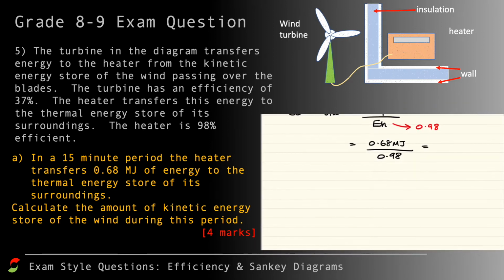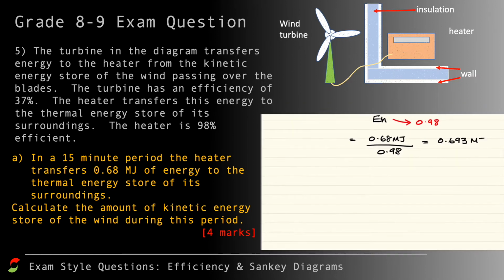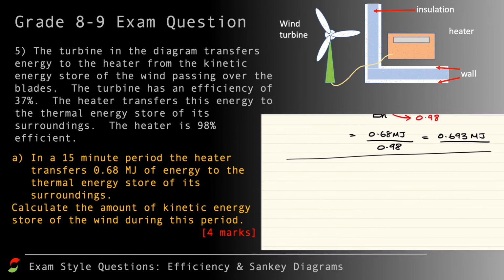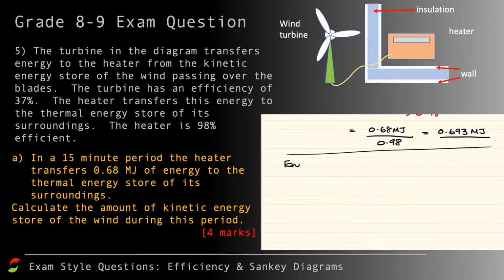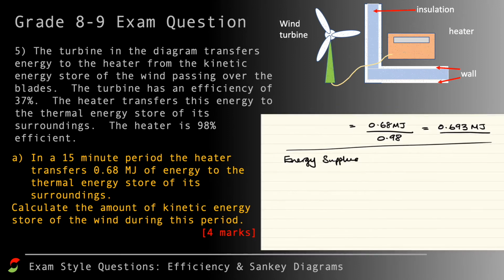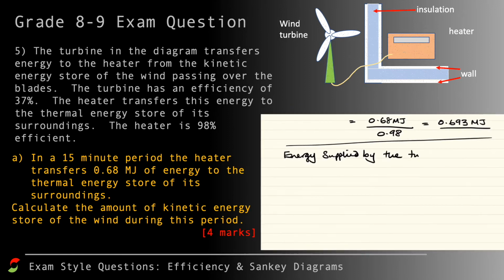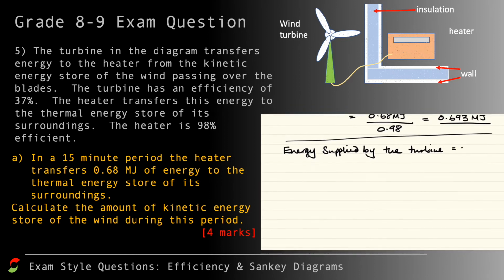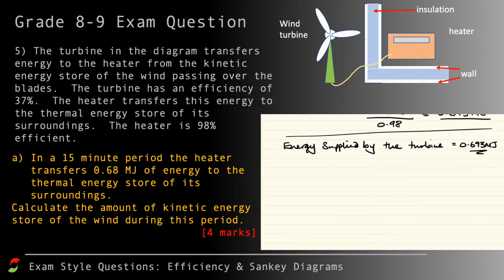So we've got 0.68 megajoules over 0.98, which is 0.693 megajoules. Again, just leaving it in megajoules. So that's the useful energy that's going to the heater from the wind turbine. So the energy supplied by the turbine is exactly that, 0.693 megajoules.